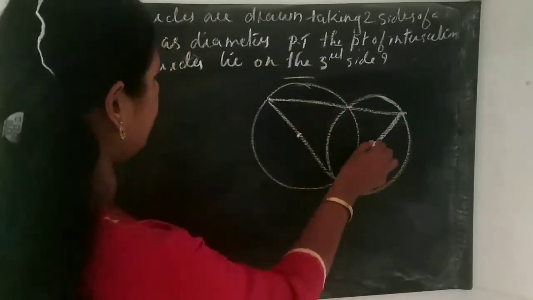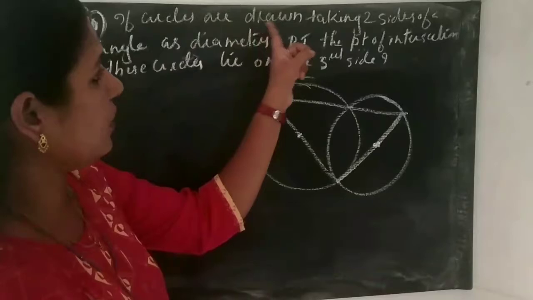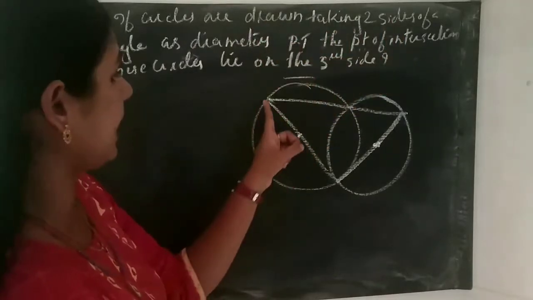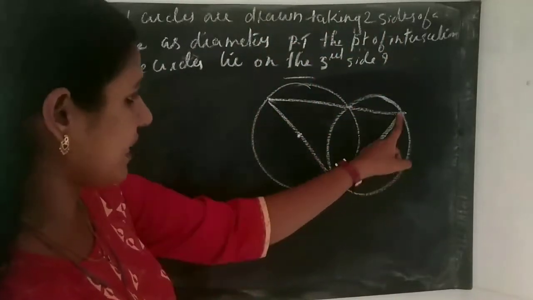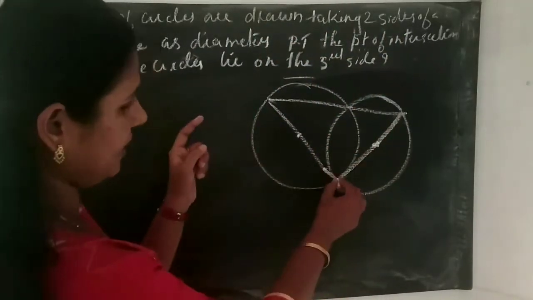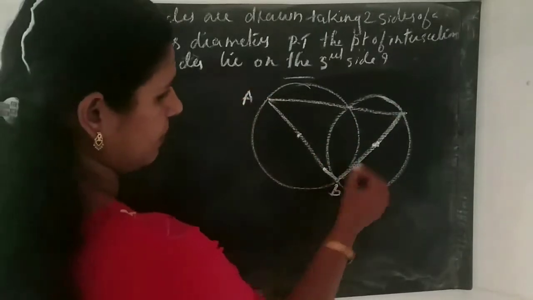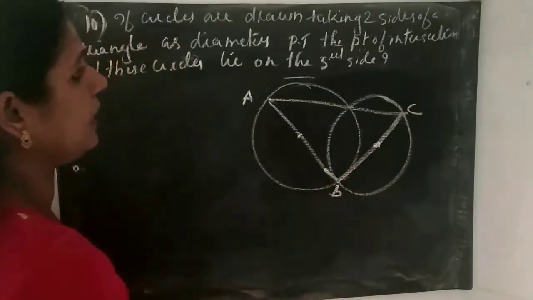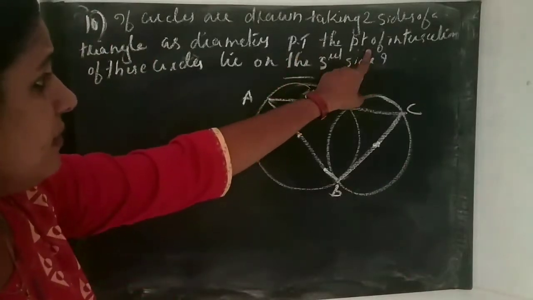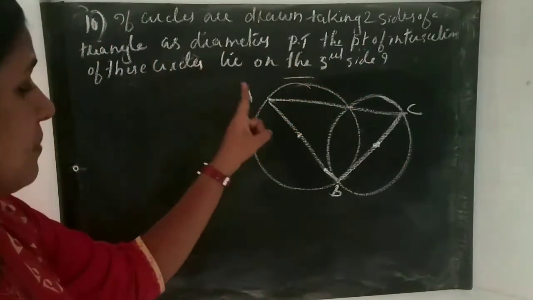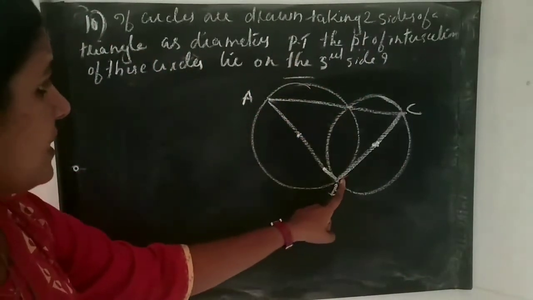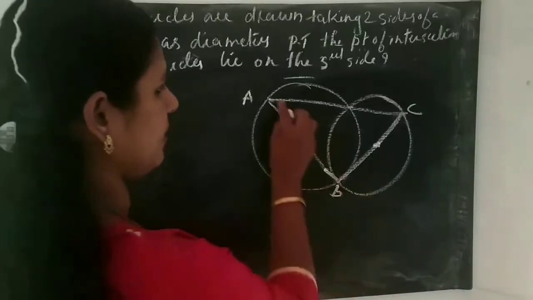This is the diameter. If circles are drawn by taking two sides of a triangle, see here we get a triangle. We name this A, B, C. Prove that the point of intersection of these circles lies on the third side.